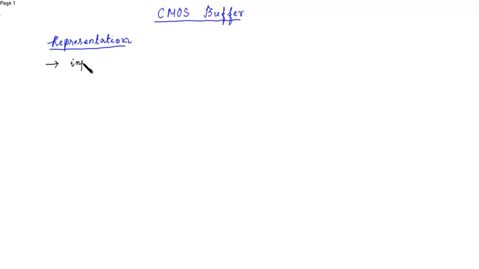Input is equal to output. So if A is the input, and I give it to an inverter, then the output is A bar. Now what should I do in order to obtain A again? This can be obtained as A bar whole bar, that is equal to A.